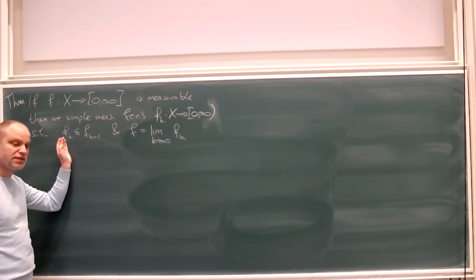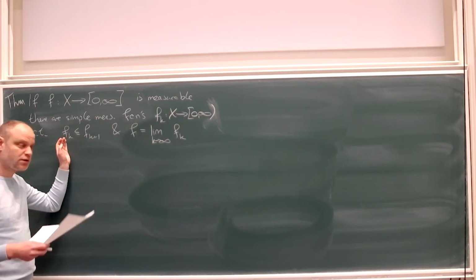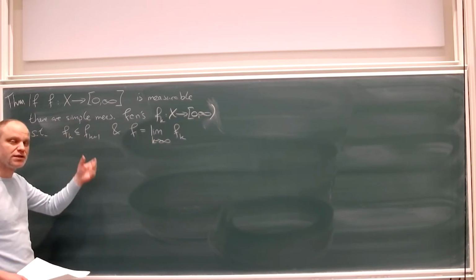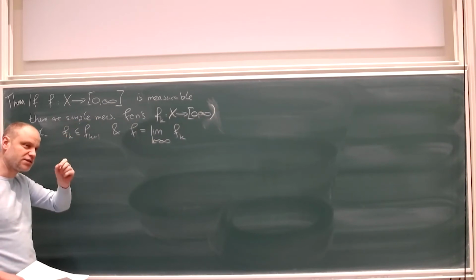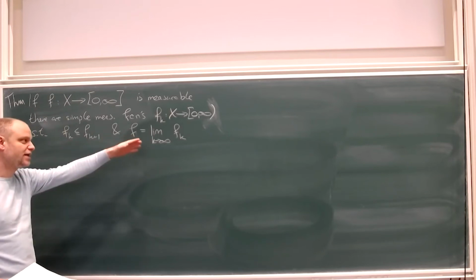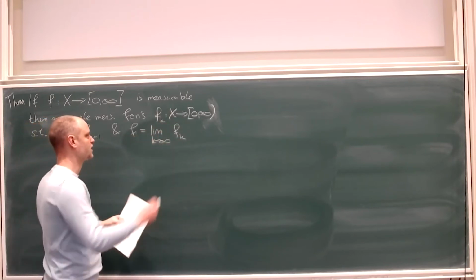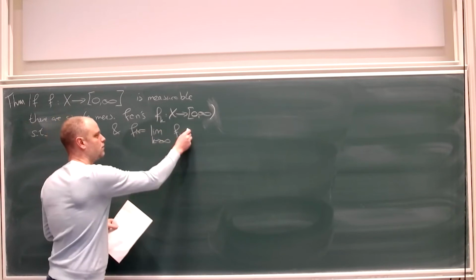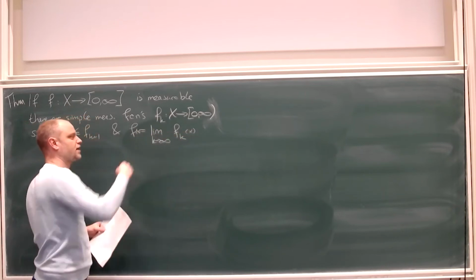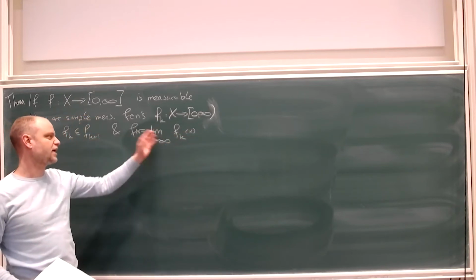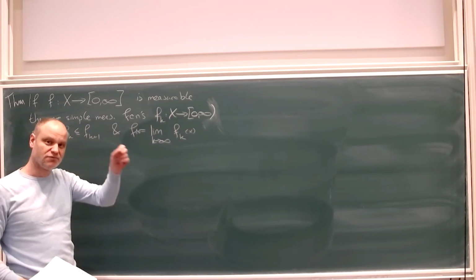It's an increasing sequence. This is nice because non-decreasing means that at every point x this is non-decreasing, and then the limit exists. Here it's a pointwise limit.